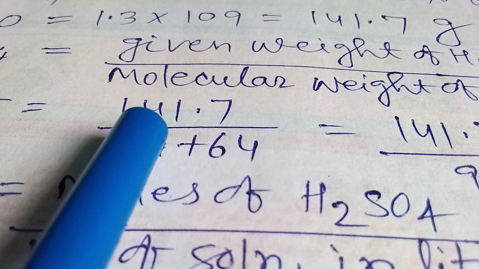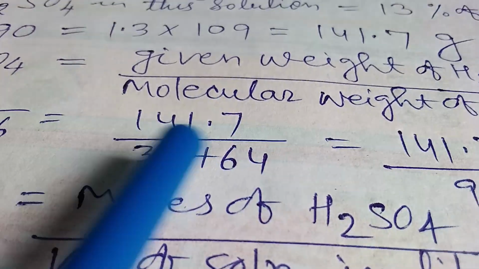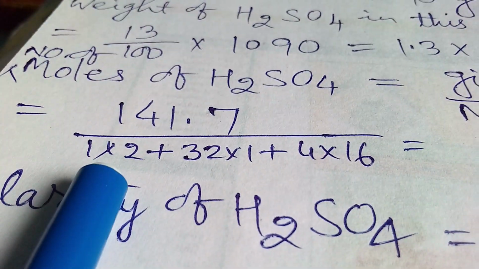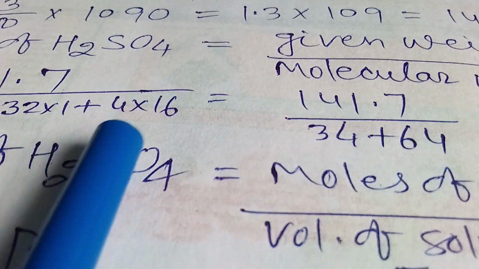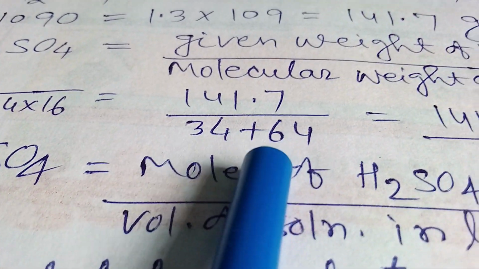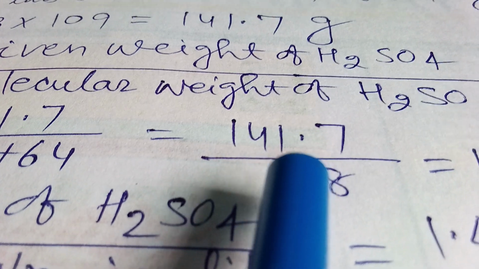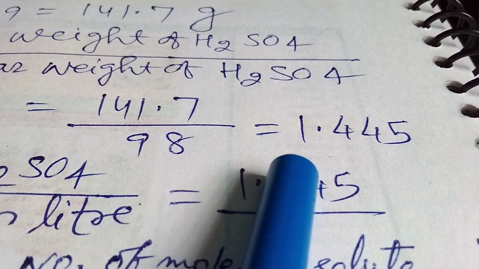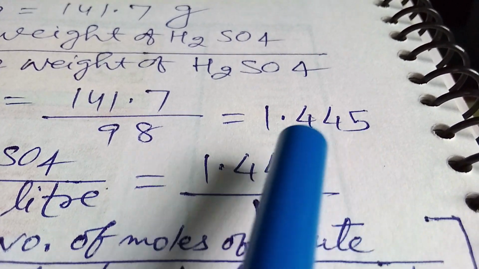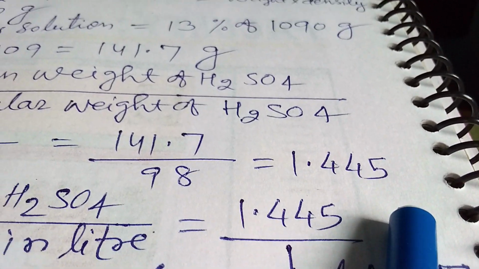Here 1 into 2 is 2, and 2 plus 32 is 34, and 16 into 4 is 64, so 34 plus 64 is 98. So 141.7 by 98, and after dividing you will get 1.445.